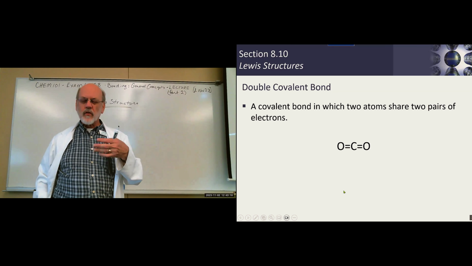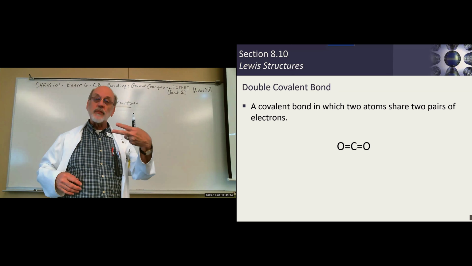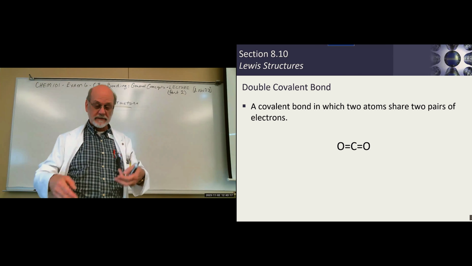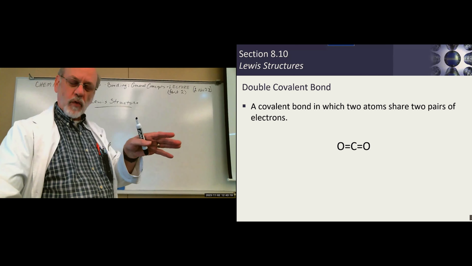Double covalent bonds, of course, we're going to have 2 lines, which means 2 pair or 4 electrons. So carbon has 4 on either side. And if you look at where carbon is in the periodic table, it has 4 valence electrons. It has 2 s electrons, 2 p electrons. It needs 4 more to look like neon.